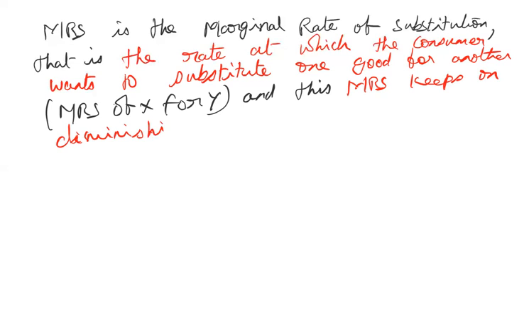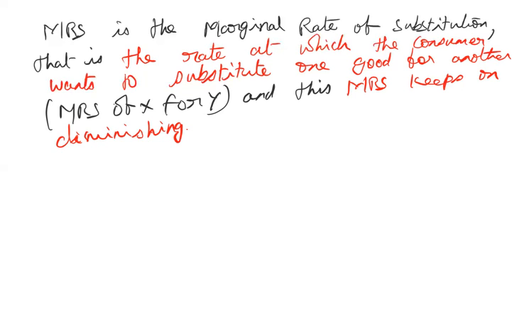Now, why does the marginal rate of substitution keep decreasing? There are two reasons for the marginal rate of substitution to decrease. See, for example, one reason is if more and more of comic books she is giving up, automatically she feels like giving up lesser and lesser of comic books.